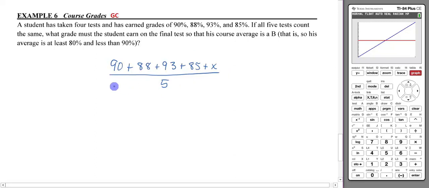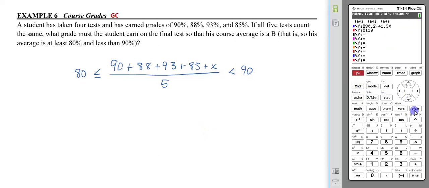We want that average to be at least 80%, so we want that score to be greater than or equal to 80, but strictly less than 90. We want to know what grades would get us between 80 and 90, including the 80.